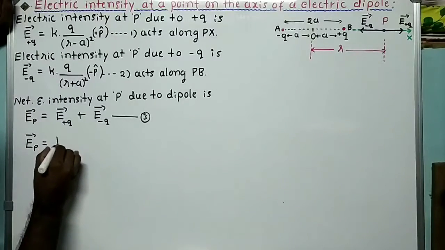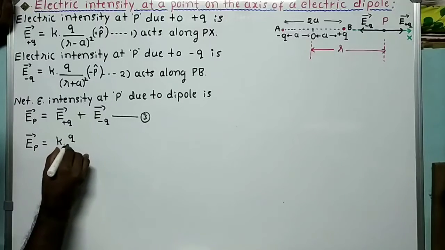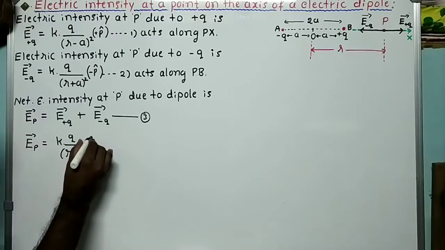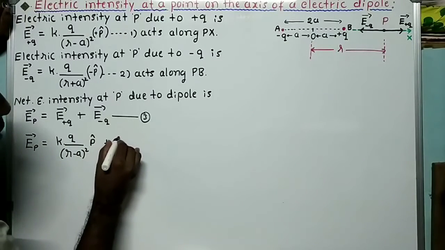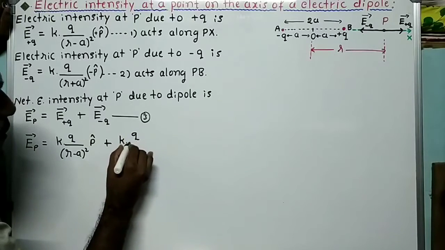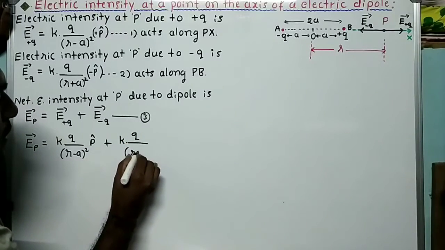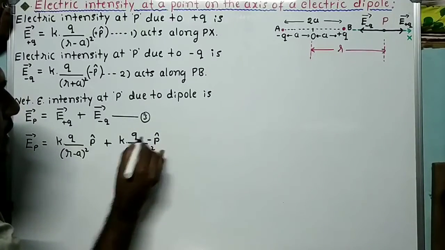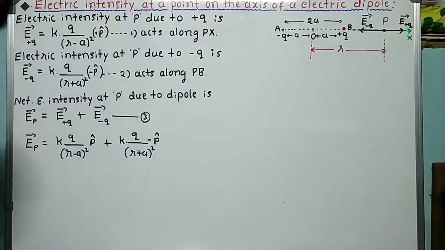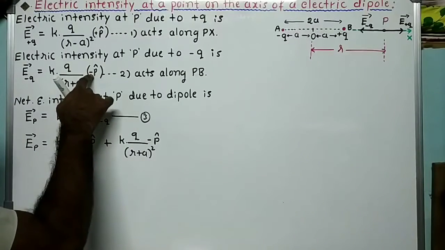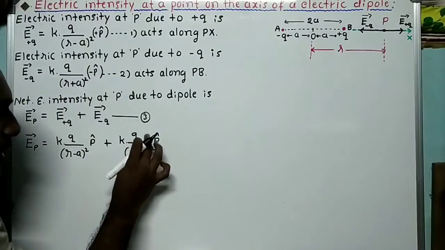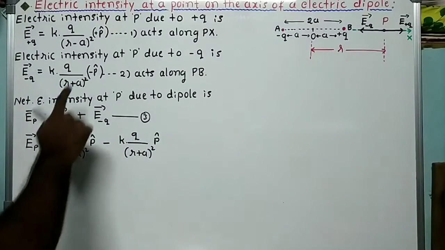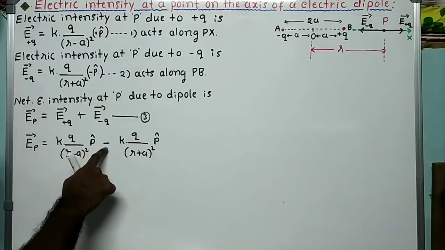That is K into Q divided by (R minus A) whole square into P cap, plus K into Q divided by (R plus A) whole square into P cap. Here the negative sign is there. Now this negative sign is taken on this side. That's why this equation becomes negative.